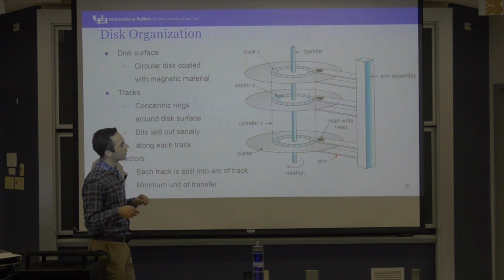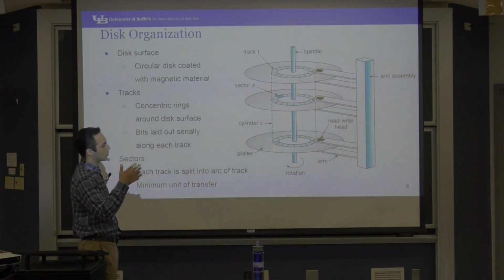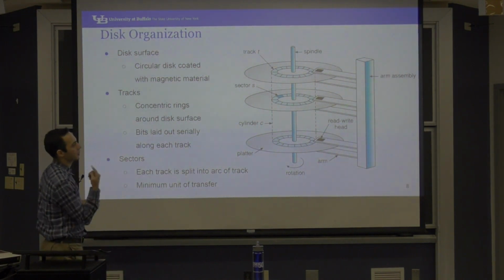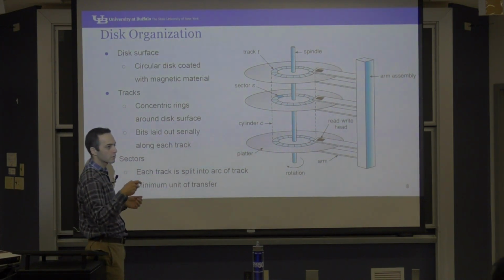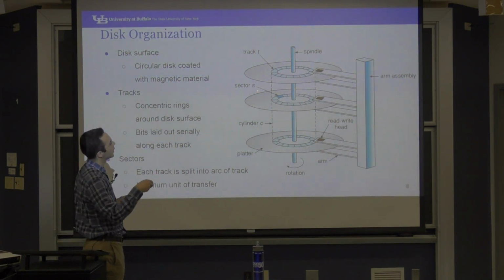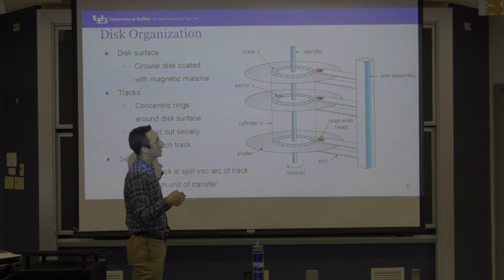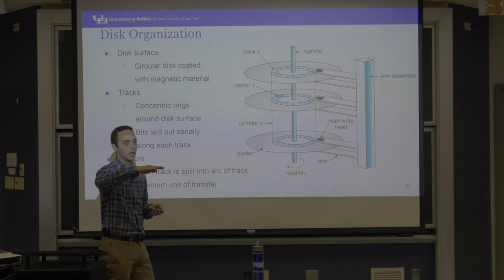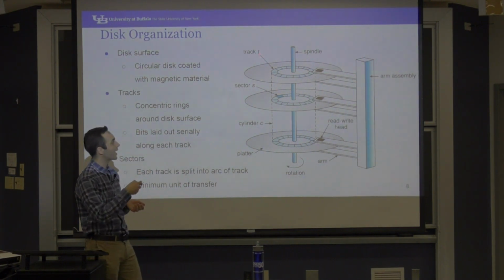And then there is a physical arm assembly that can move, and as it moves, it can cover a different circle with a different circumference. It only has to move enough so that it can cover a different circle, or as they call it, a different track.